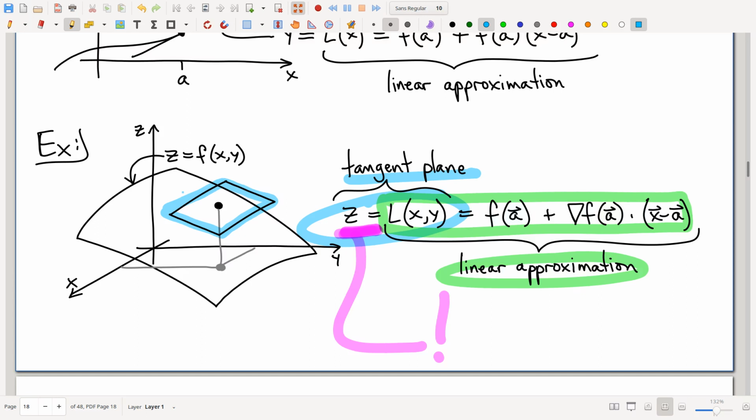Graph of a multivariable function. How we doing? Everybody buy it? Okay, so heads up, please do be very careful to distinguish the function that is the linear approximation from the plane that is its graph that we call the tangent plane.